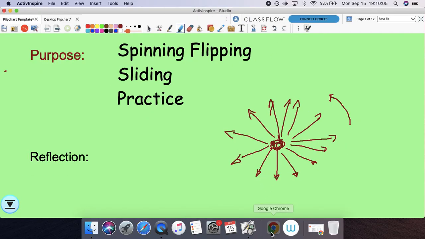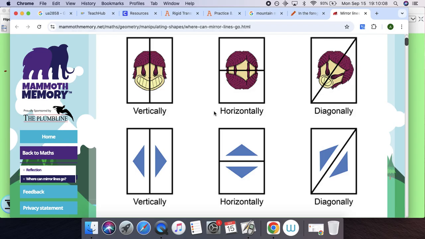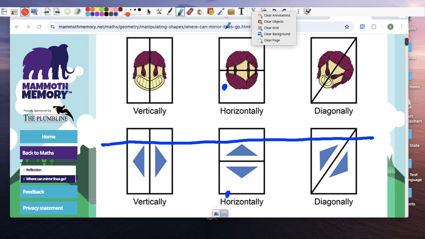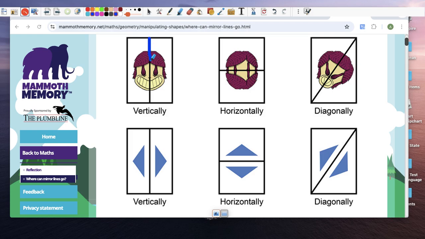Let me show you a better example. Reflections. You can have a reflection like this, where the line of reflection is this line right here. Horizontal reflection. If I were to fold this paper hot dog way, this top here and this top would meet, and you notice that this and this would match exactly.